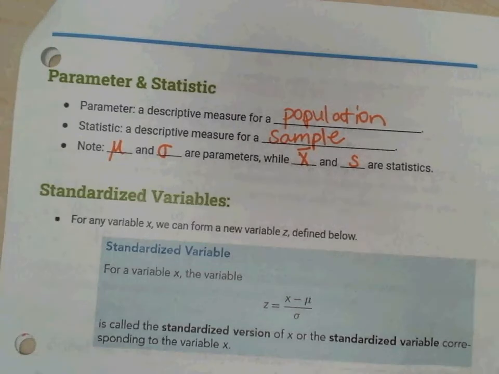So the population mean, or the population standard deviation, or the population size, those are all parameters. But if I'm talking about the statistics of the marathon runner times, that would just be having to do with each individual sample: the sample mean, the sample size, the sample standard deviation.